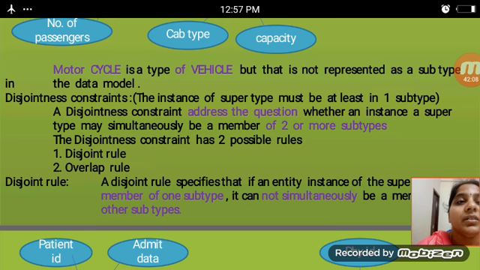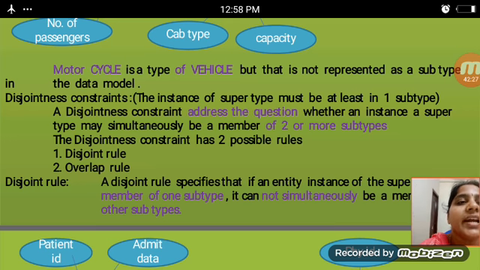Then I am going to discuss the disjoint constraint. An instance of a supertype must belong to at least one subtype. The disjoint constraint addresses the question of whether an instance of a supertype may simultaneously be a member of two or more subtypes.